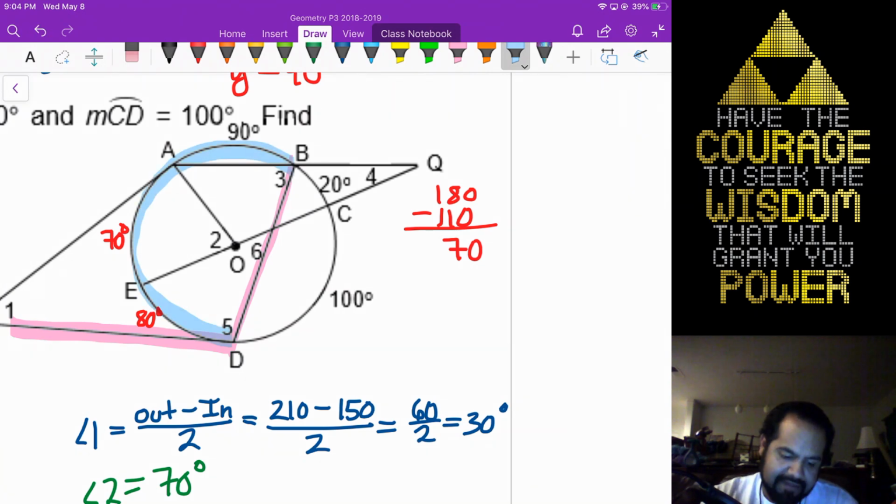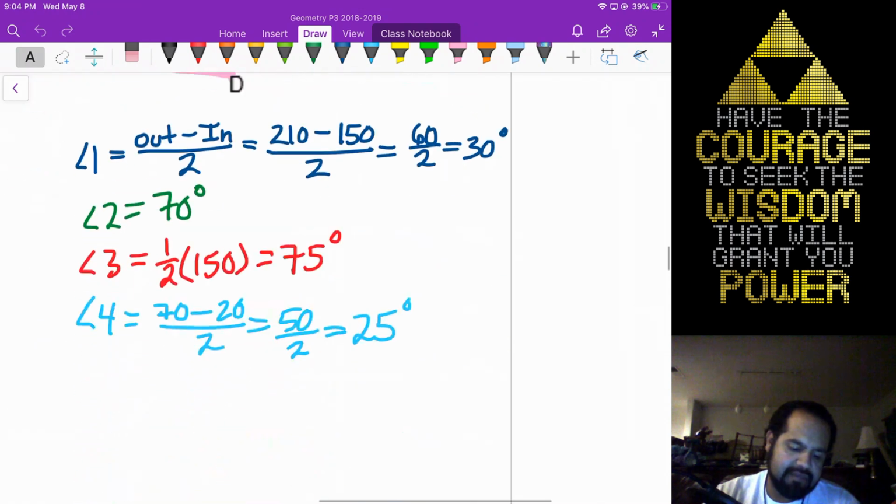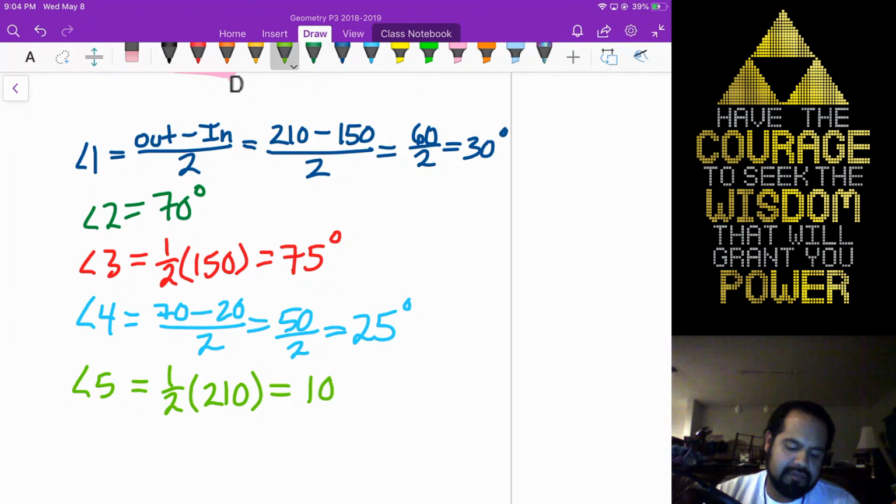So we're going to take half of 80 plus 70 plus 90. So that should be 210. So angle 5 equals 1/2 of 210. And that's 105 degrees.